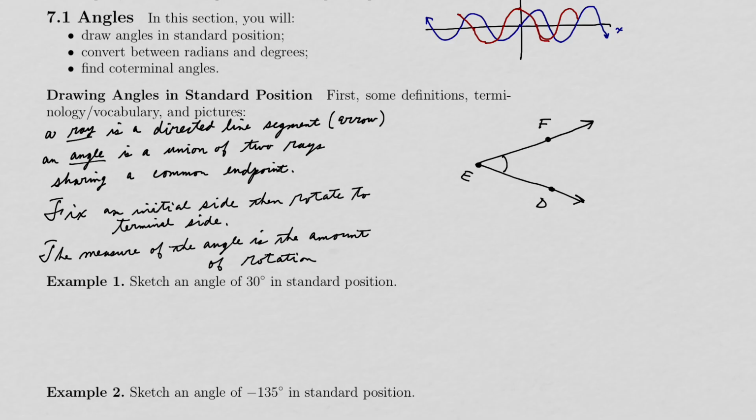And there's several ways that you can name this angle. So the angle here, you can either name it as angle DEF. That symbol just represents that it's an angle. And DEF means the middle letter is always going to be the common endpoint. So it's like DEF, or you could name it angle FED.